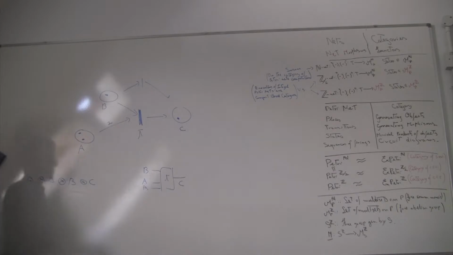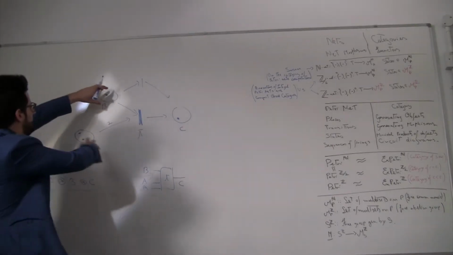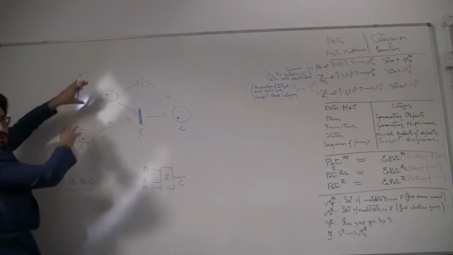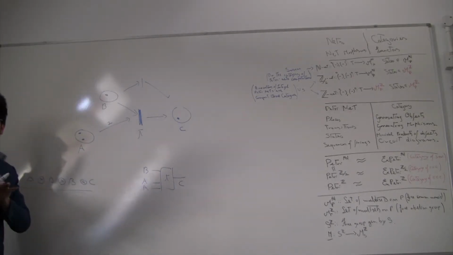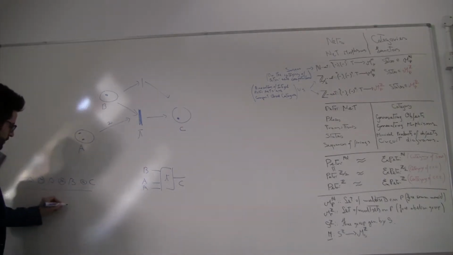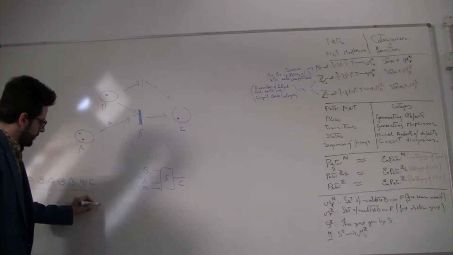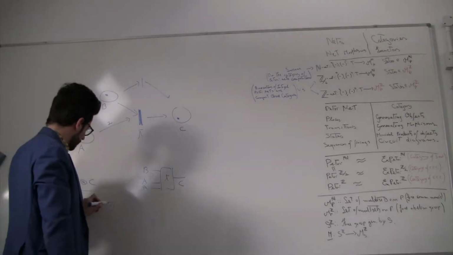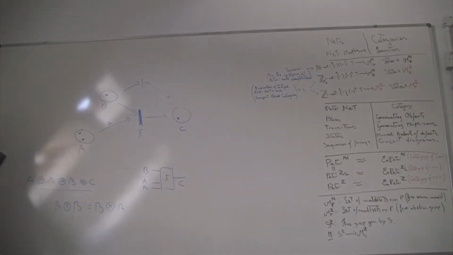Now, the reason why things become complicated is because your monoidal product here is not symmetric, while clearly the Petri net doesn't distinguish if you geometrically turn these places upside down. So it turns out that if you impose commutativity on your monoidal product, then it doesn't work anymore.